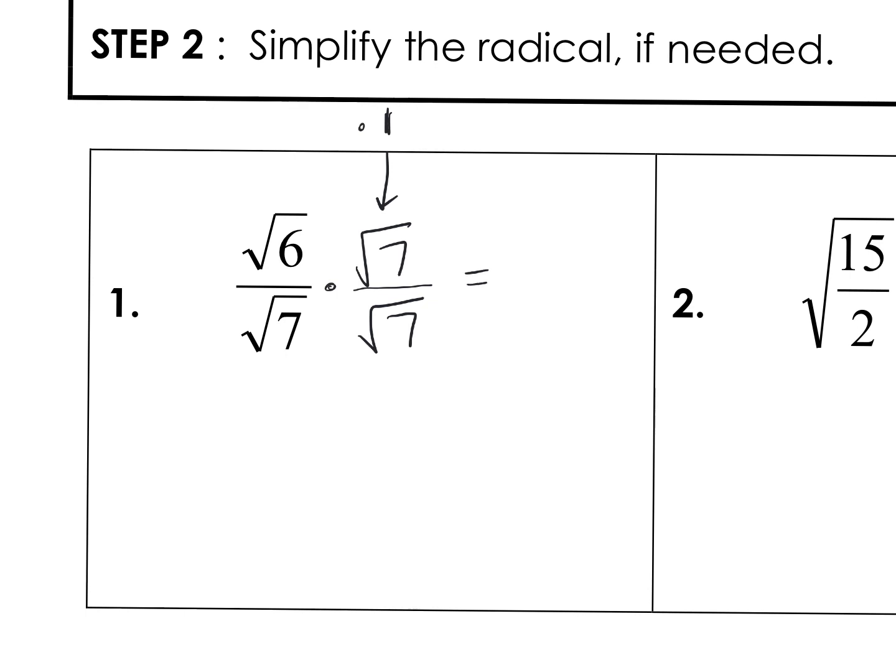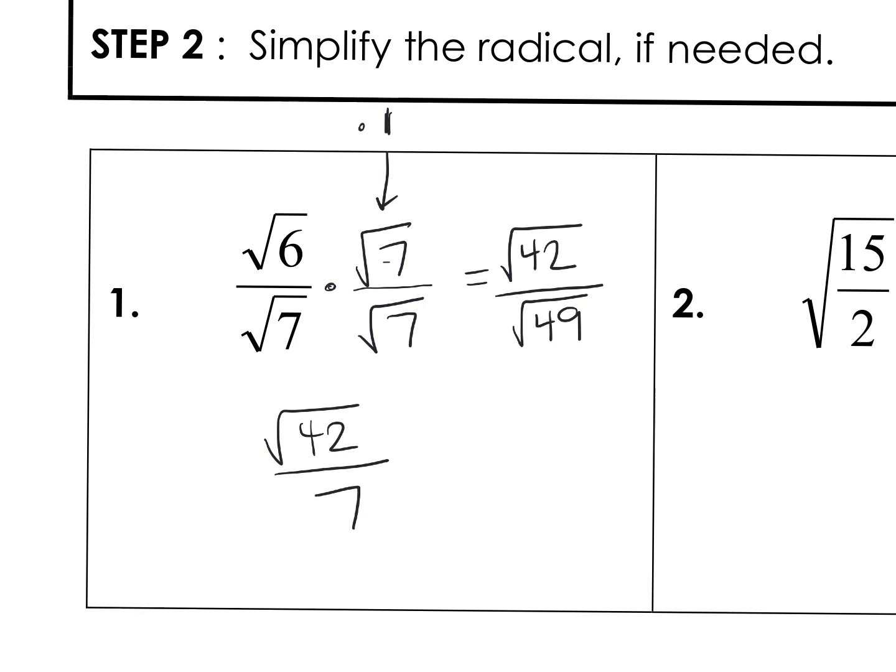Okay, according to the properties, I can multiply across the top. √6 times √7, 6 times 7 is 42. And then on the bottom, √7 times √7 is √49. Well, √49 is 7. And so this is the whole point, is to get rid of this root in the denominator.